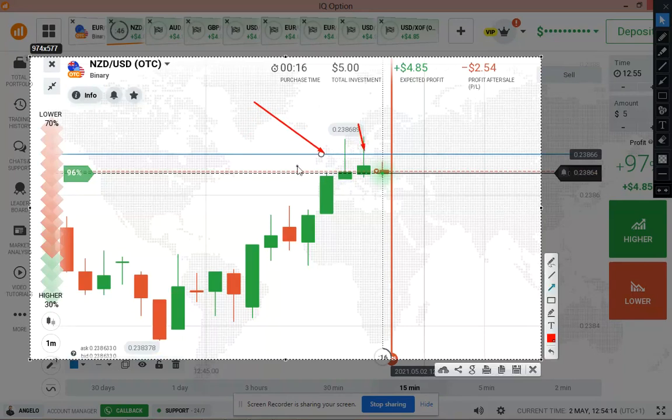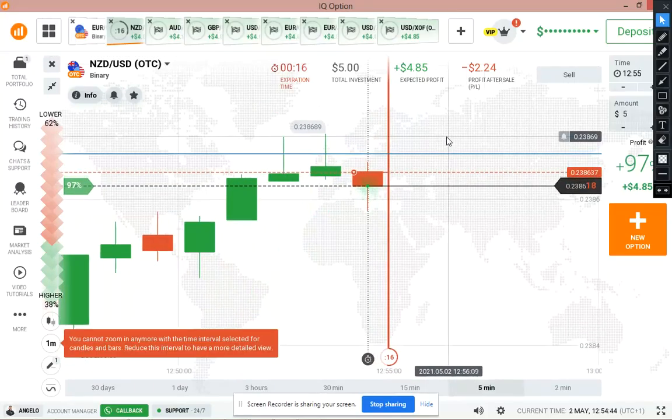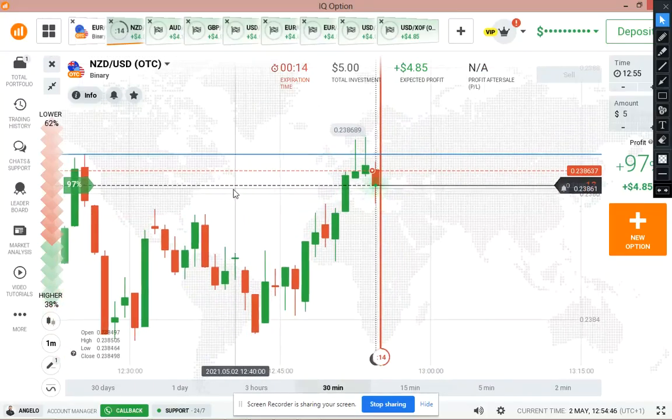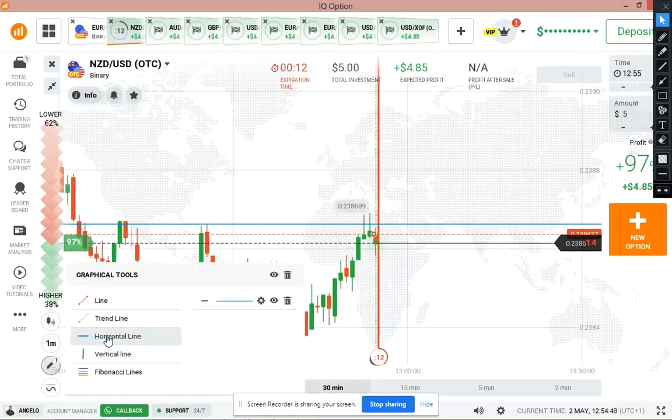And if you check on the left side, there is a level here. This candle closed at the sellers area with this upper rejection, the shooting star candle. So I expect sellers entry. That is why I go with sellers. This is the level I'm talking about.